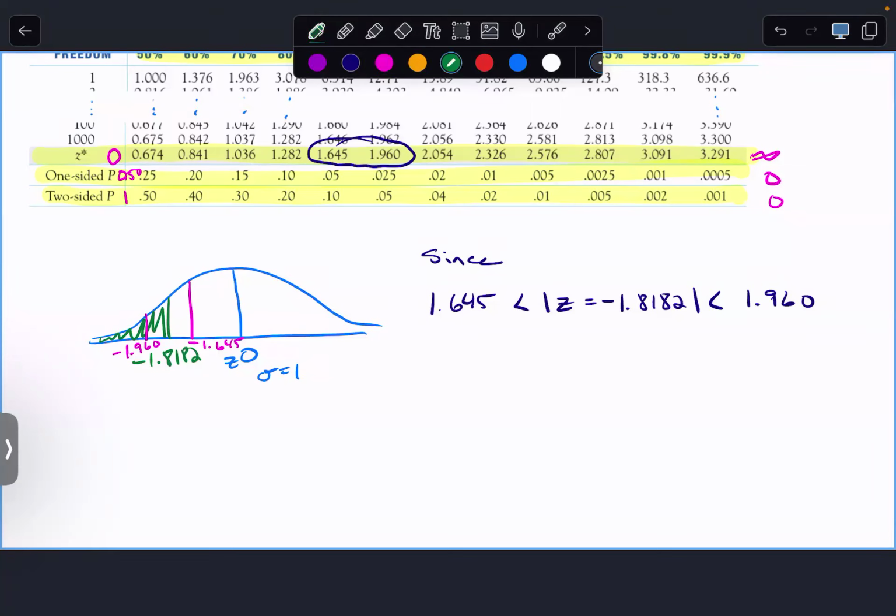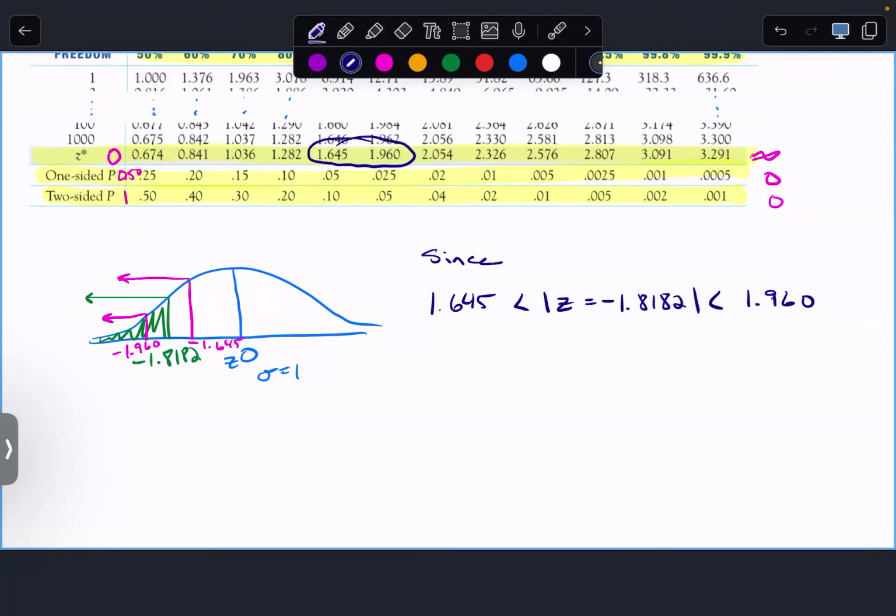I want this green area. But the best we can do with the table is just give a range, right?